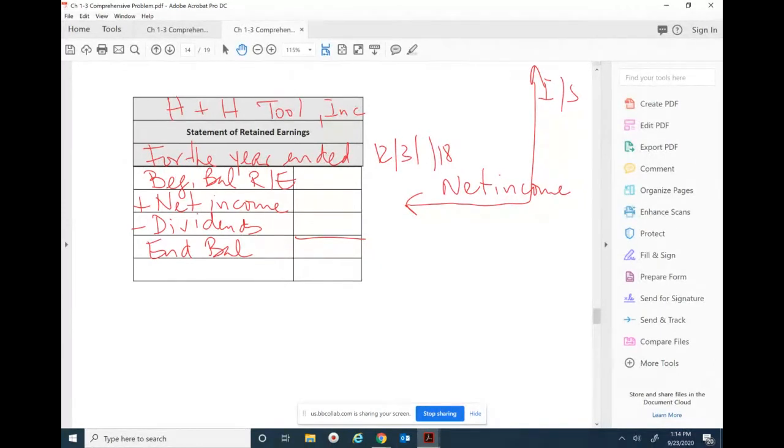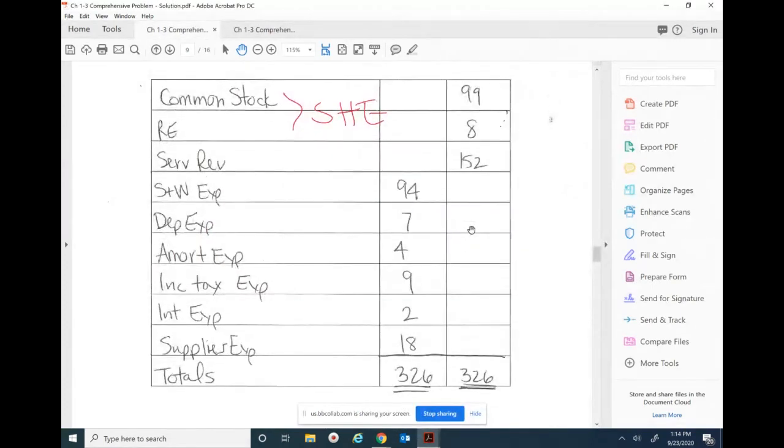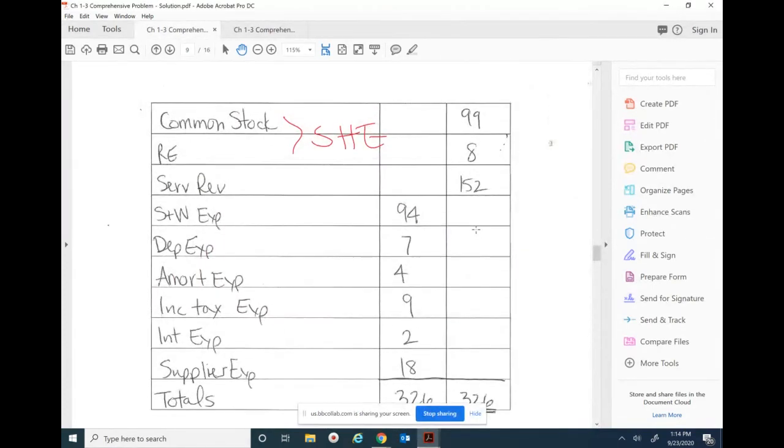In this case, though, we don't have any dividends, so the company has chosen to retain all 18 of the net income that they realized for the year ended 12/31/18. Now we need to find out what the beginning balance in retained earnings is. For that, we're going to go to the trial balance that we prepared last time, and here is the retained earnings of 8.